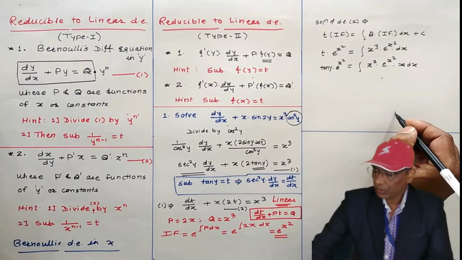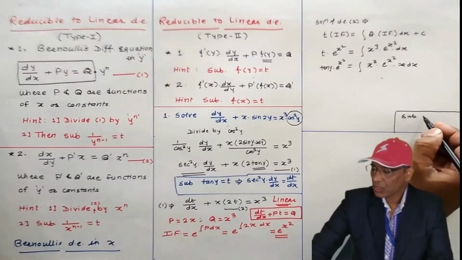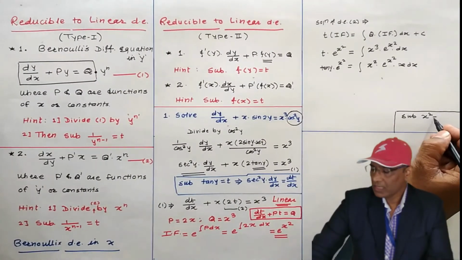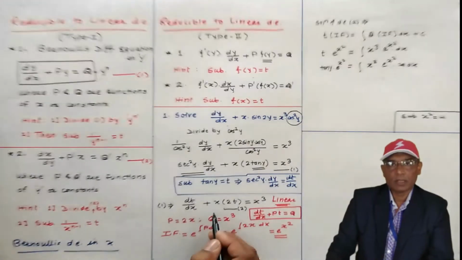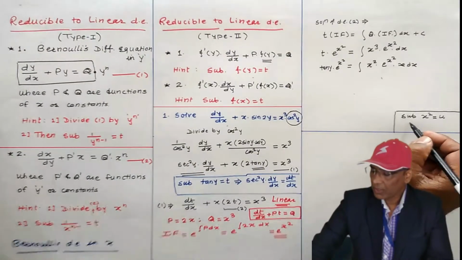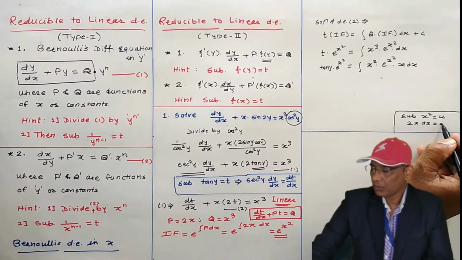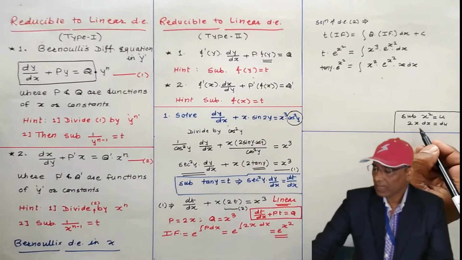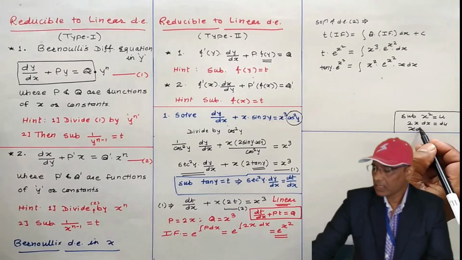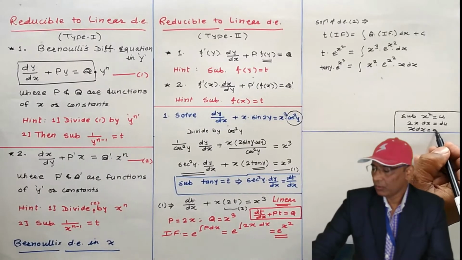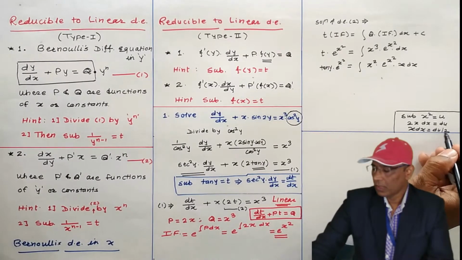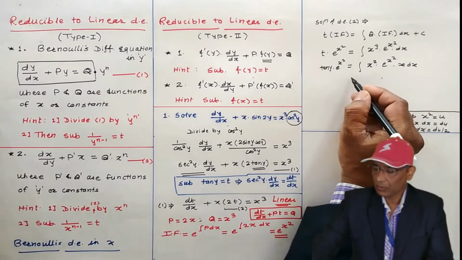Now substitute x square equal to u, because t is already used. x square equal to u, 2x dx equal to du. Therefore x dx is du by 2.